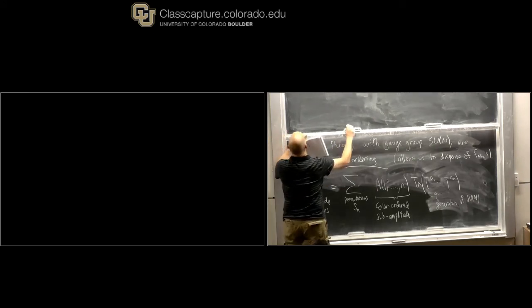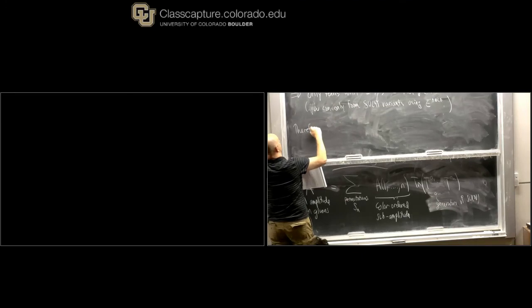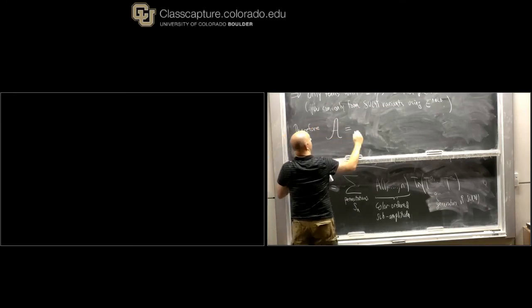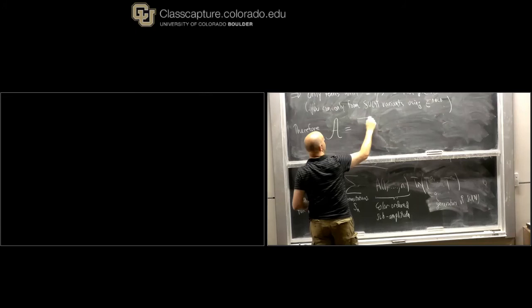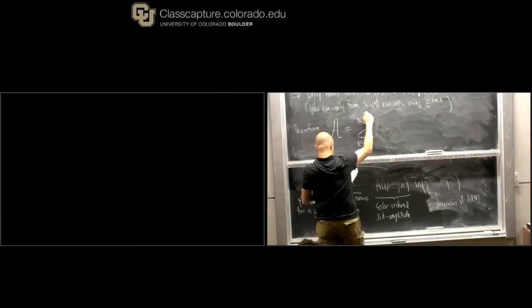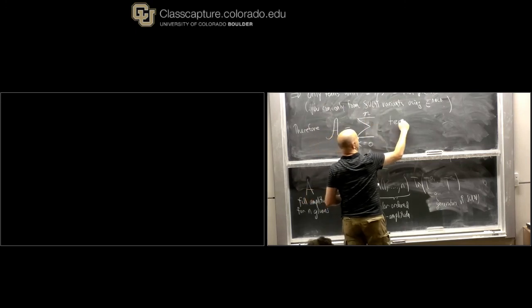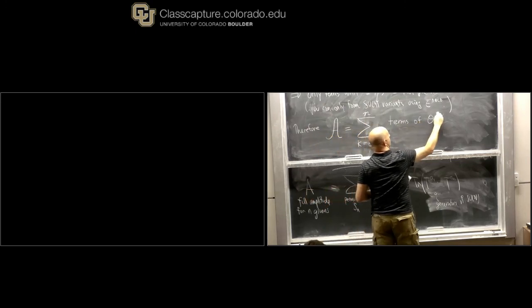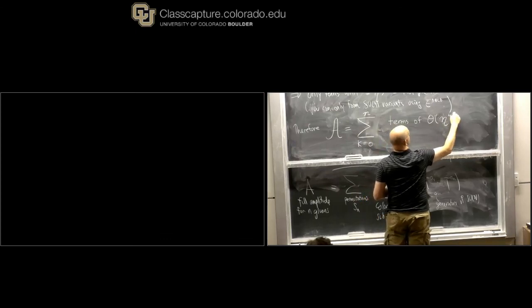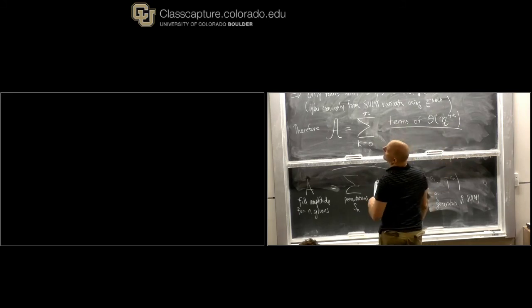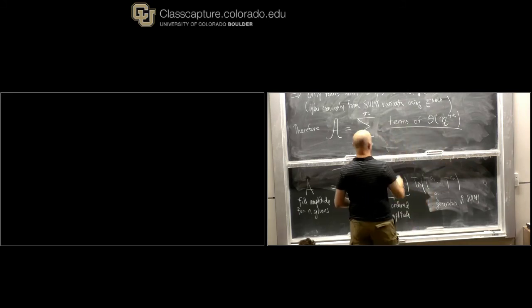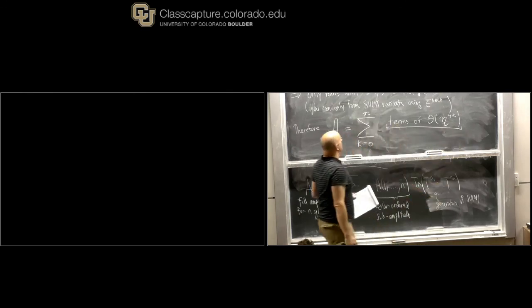So therefore, A splits into... So when we do our Grassmann-Taylor expansion, we'll have terms with 0 fermions.